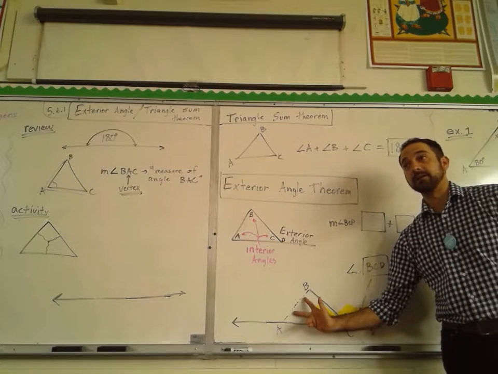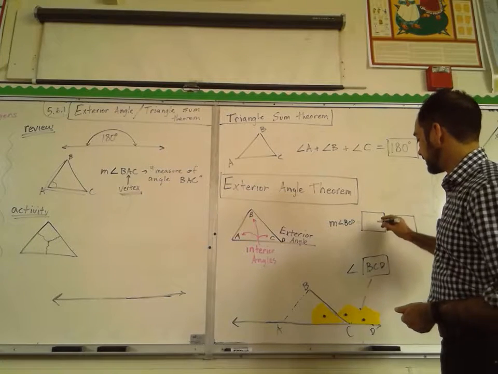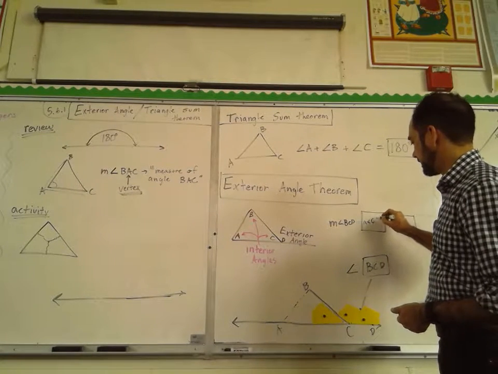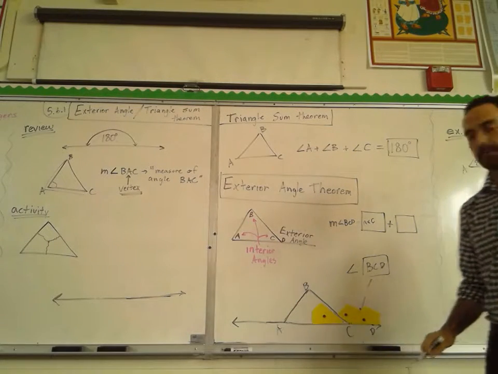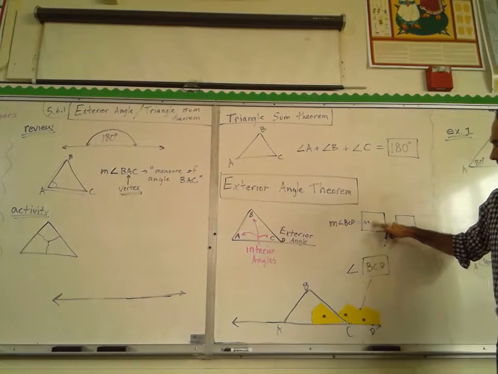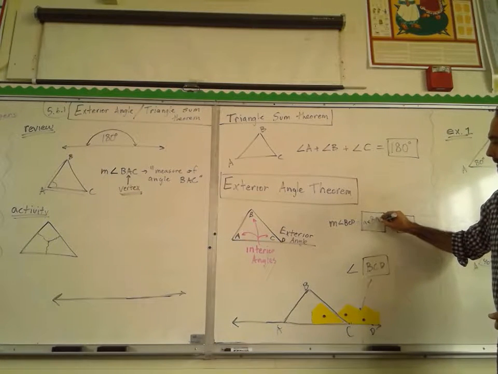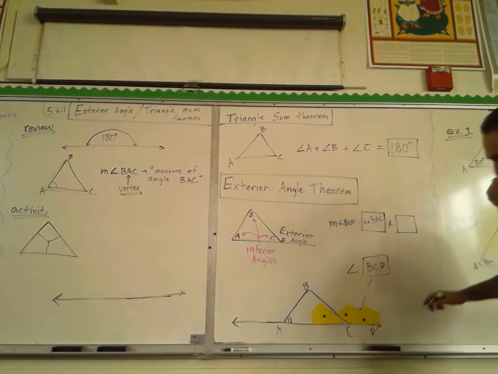So what I can say here is that angle BCD is equal to the measure of angle BA. BA is a line segment, so more specific for the angle, BAC. BAC is over here. And then add it to what?